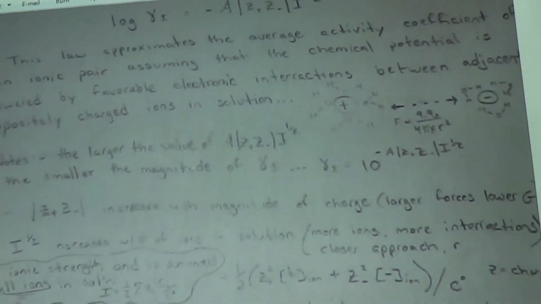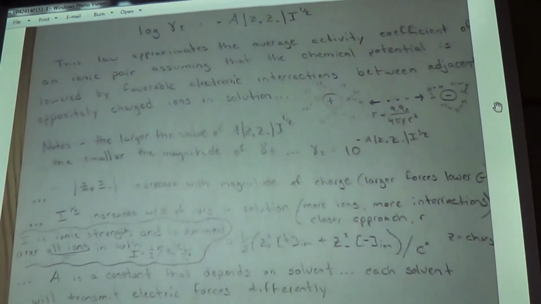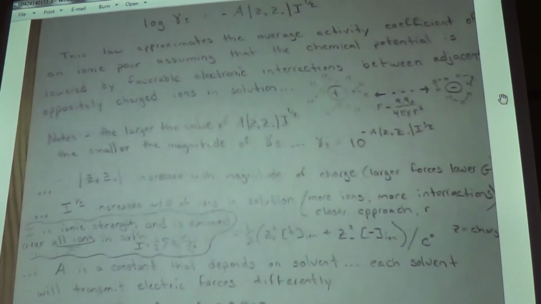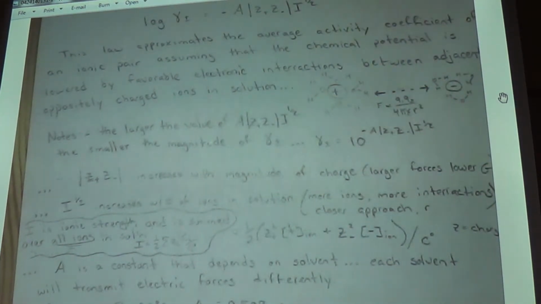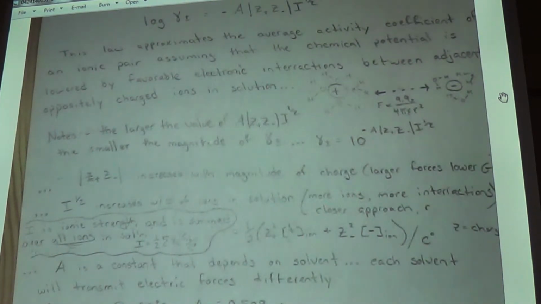gamma plus minus goes as 10 to the negative of whatever that term is, right? And so it becomes smaller. Gamma plus minus, that is, the average activity coefficient, becomes smaller the larger the charges are. We've got that term z plus times z minus.